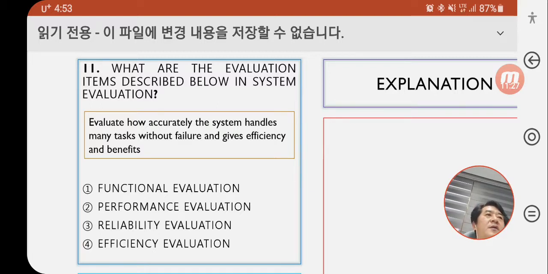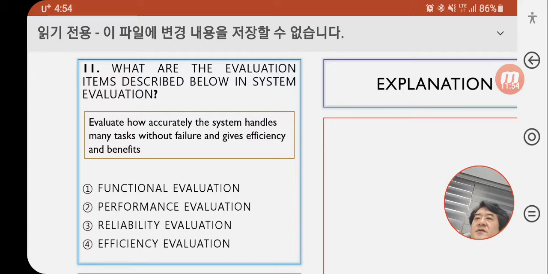What is the evaluation item described below in system evaluation? Now, let's read the example in the box below. Evaluate how accurately the system handles many tasks without failure and gives efficiency and benefits.